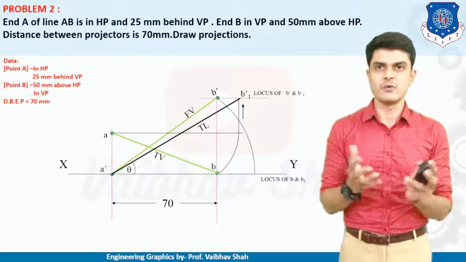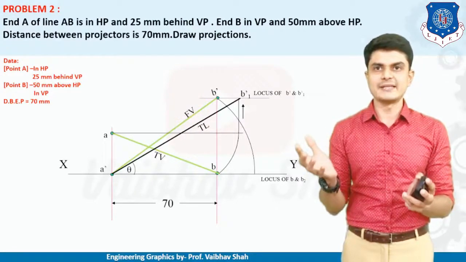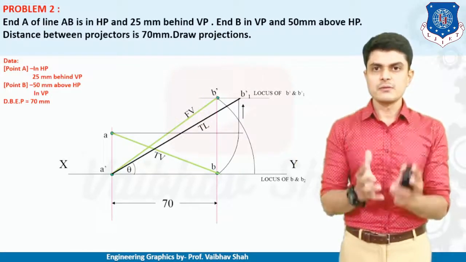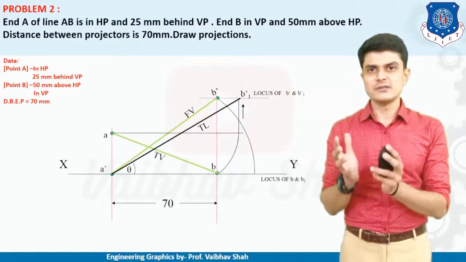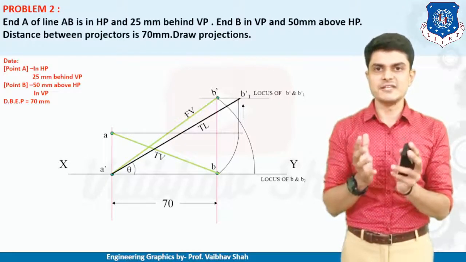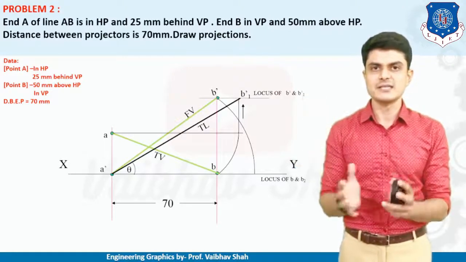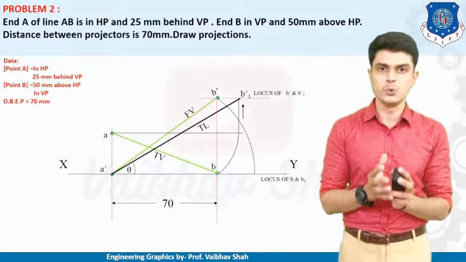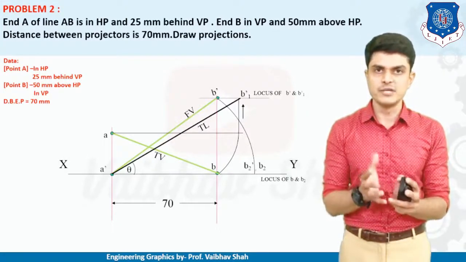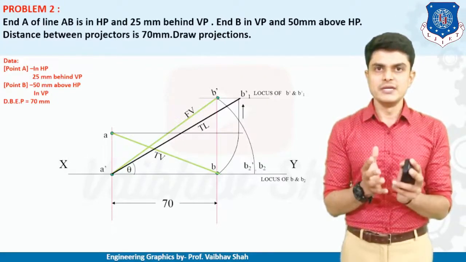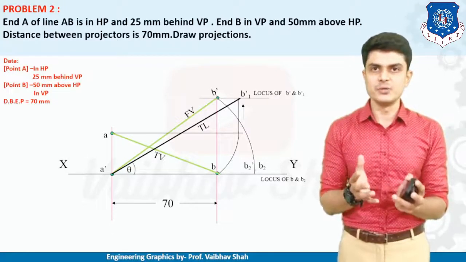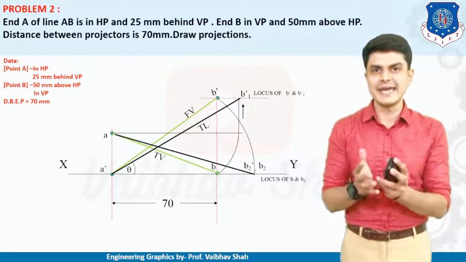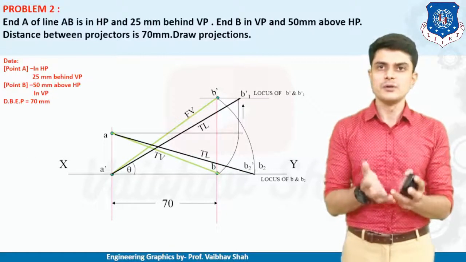In the other method, you can take the dimension of A dash B dash onto your rounder, put your rounder at A dash and draw one arc like this. This arc will intersect the locus of B or B2 and give you the point B2. After getting point B2, it is very simple: connect B2 directly to point A, which is nothing but your true length.